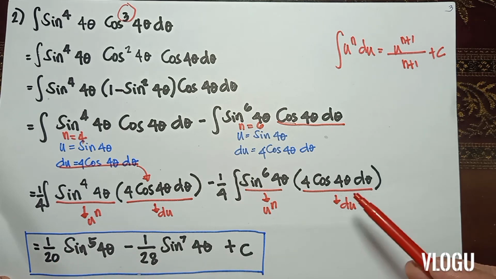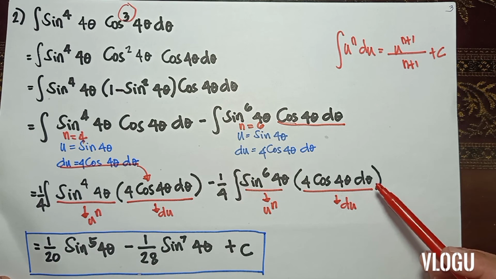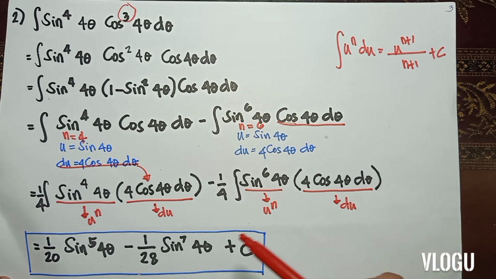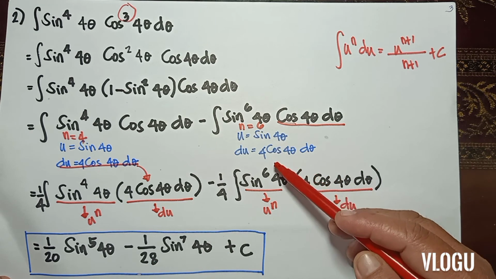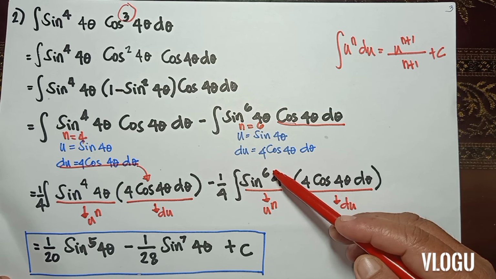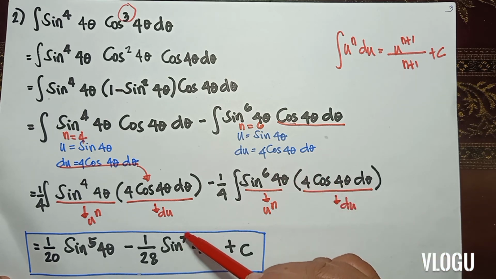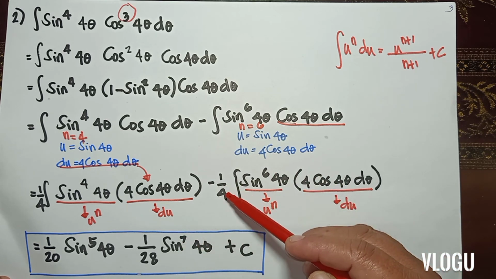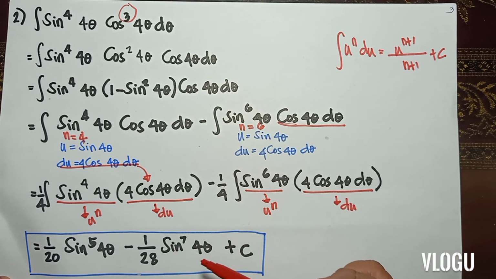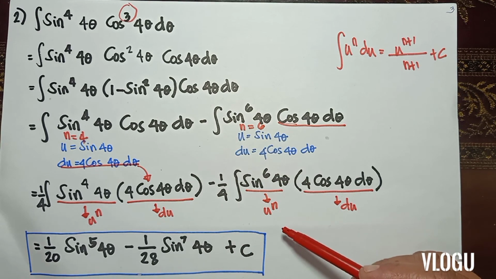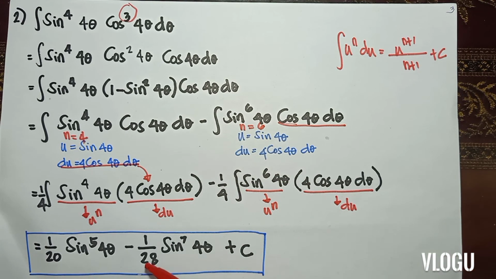So you have 1 over 20 sine to the 5th 4 theta. Minus, this is 6 plus 1, that is 7, so you will have sine 7 4 theta, 1 over 4 times 7, that is 28. So you will have 1 over 20 sine to the 5th 4 theta minus 1 over 28 sine to the 7 4 theta plus C as your final answer.